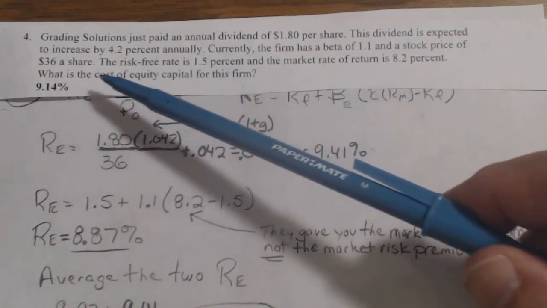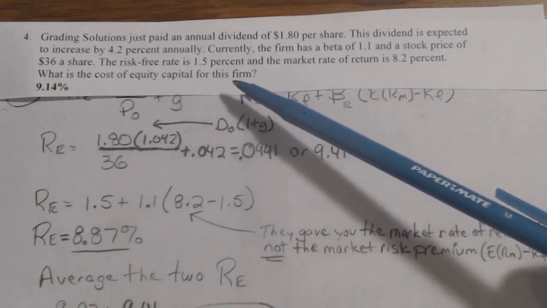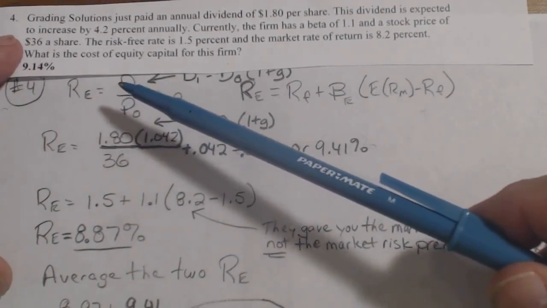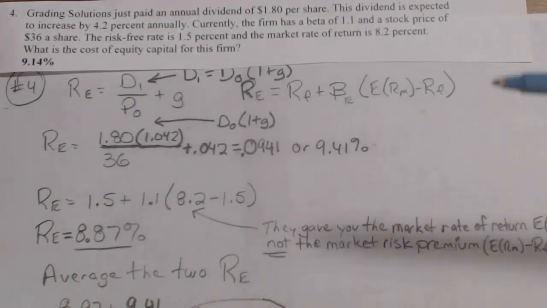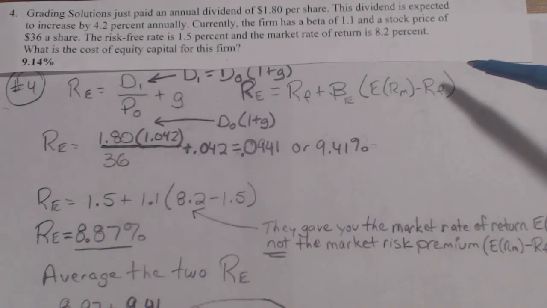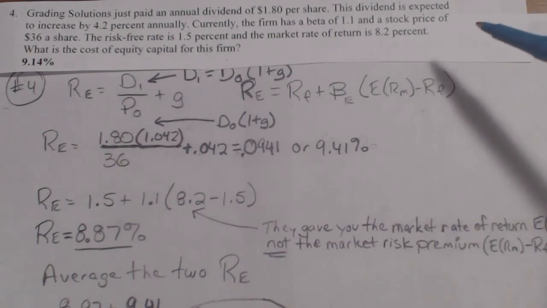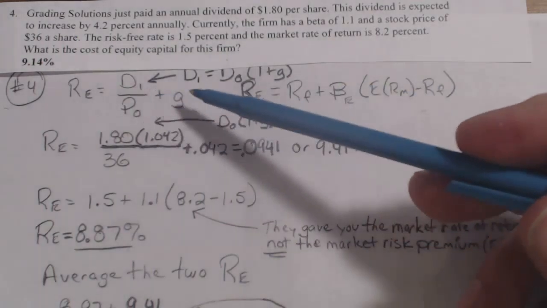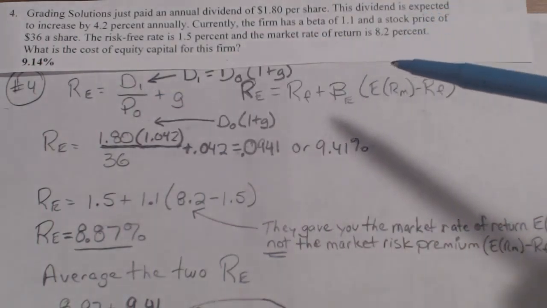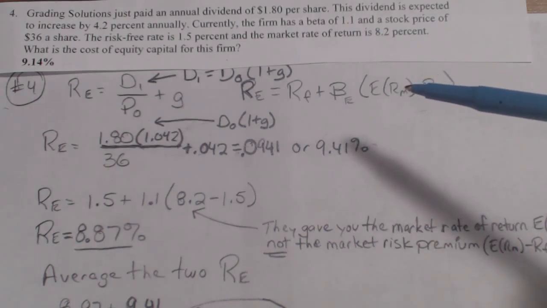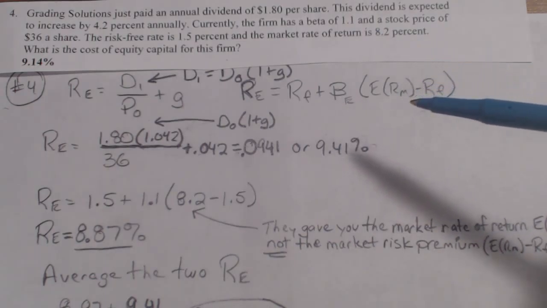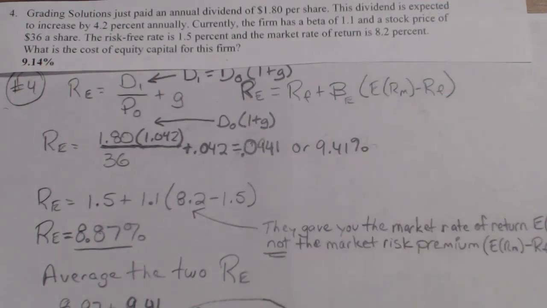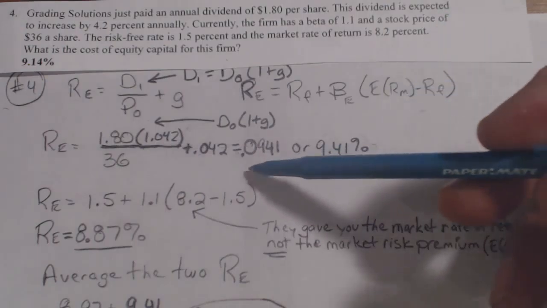It says, what is the cost of equity capital of this firm? Remember, there are two ways to figure this out. The cost of equity can either be the dividend growth model, which is D1 over P0 plus g, or it could be the SML, or CAPM, the capital asset pricing model.